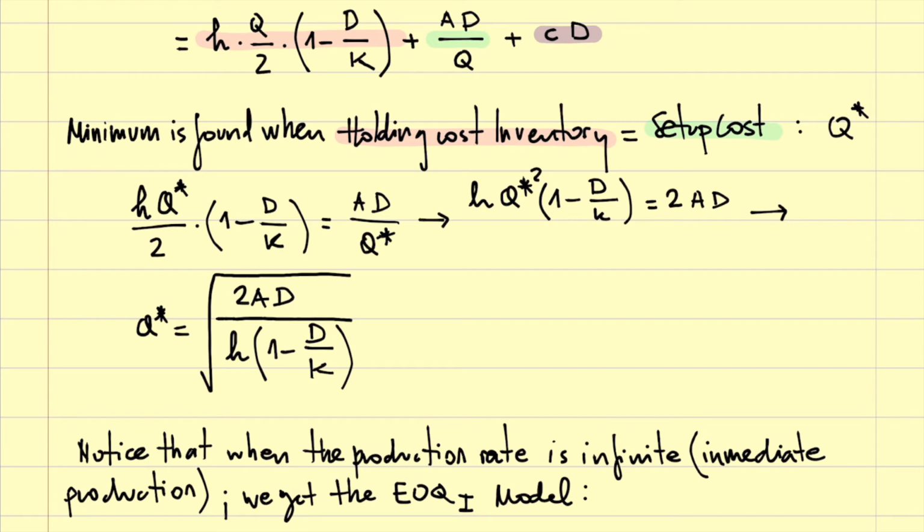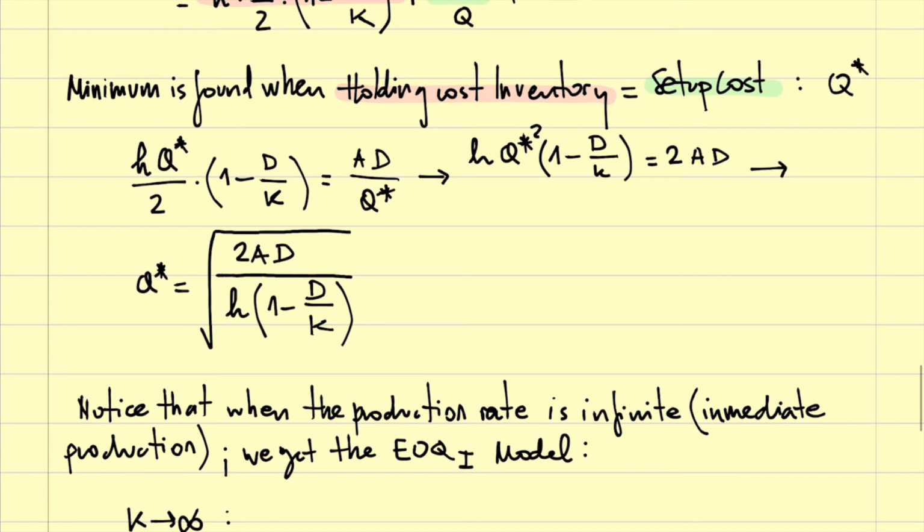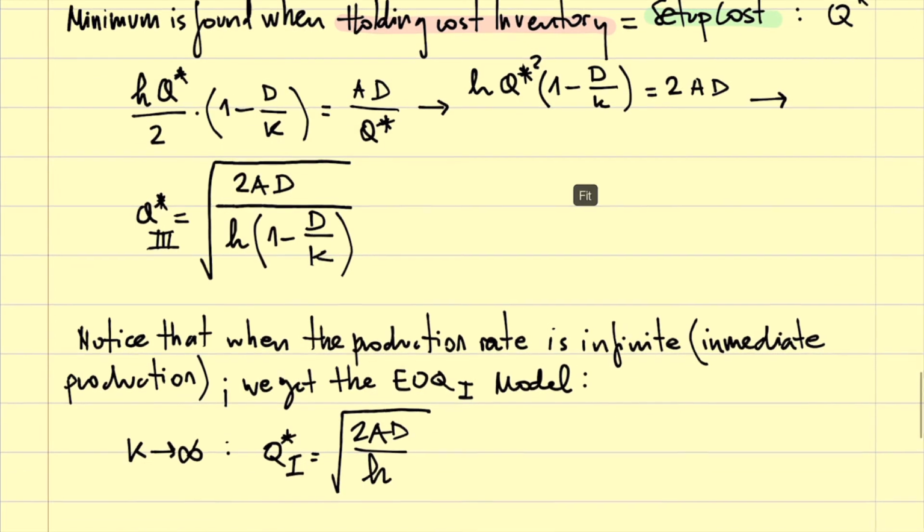So if K tends to infinity, this is Q star of the third model, we have Q star of 1 equals the square root of 2AD divided by H. Okay, just as a little note.